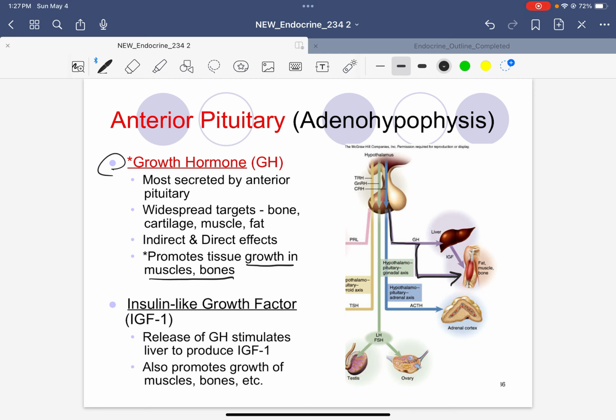As a side note, you don't need to know IGF, but it is a pretty important anabolic hormone, insulin-like growth factor. When growth hormone goes to the liver, it tells the liver to produce IGF, and that also is going to stimulate growth in muscles and bones. We like that. We got a double whammy of growth in the muscles and the bones.